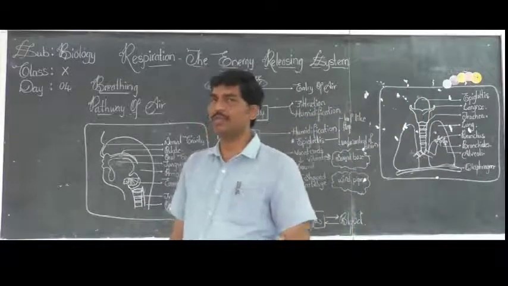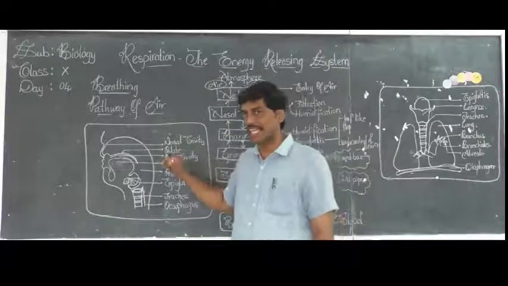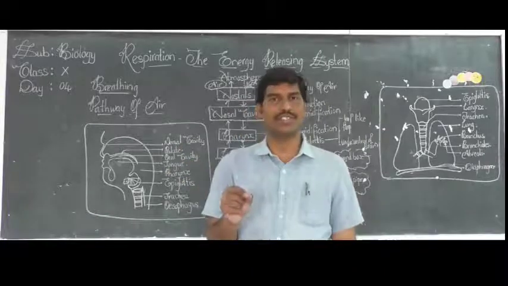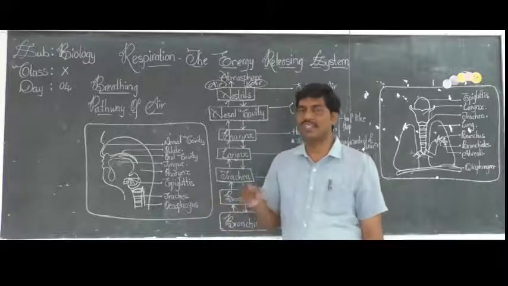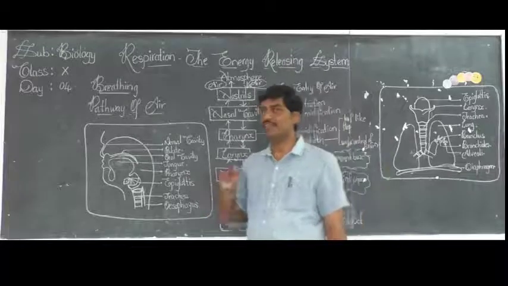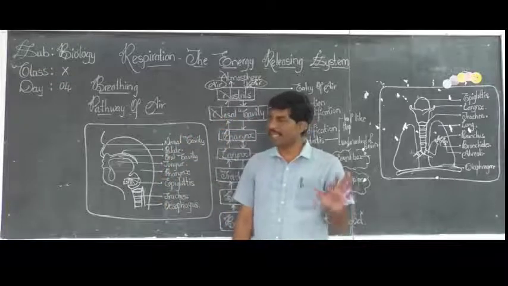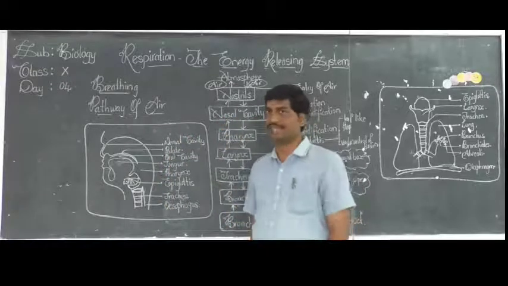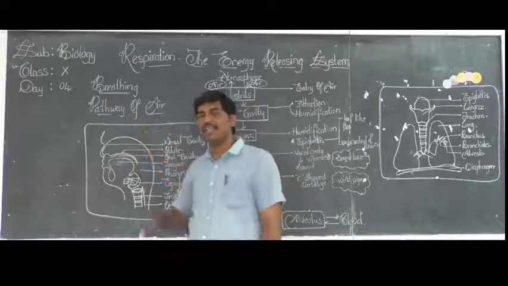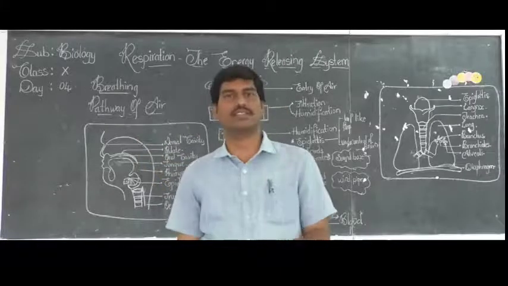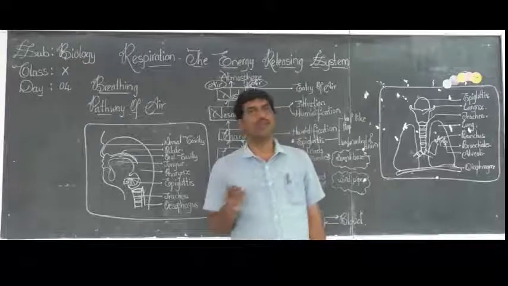How? I told you. At the entry of the nasal cavity, fine hair-like structures protrude, and these hairs trap the dust particles and prevent their further entry into the nasal cavities. This is the first thing. Completely, the inner lining of the nasal cavity is lined by a mucous membrane, and this mucous membrane produces mucus.